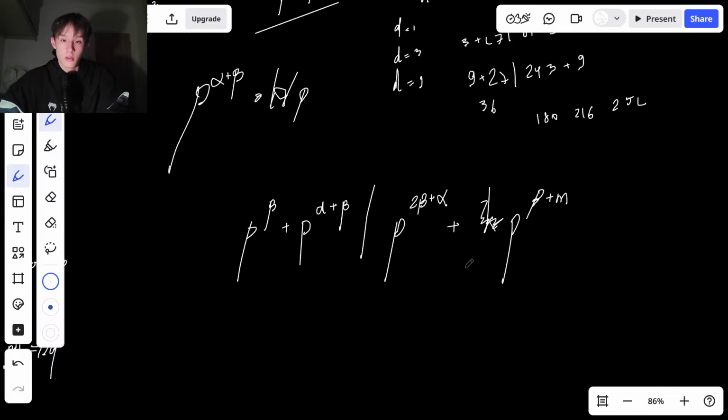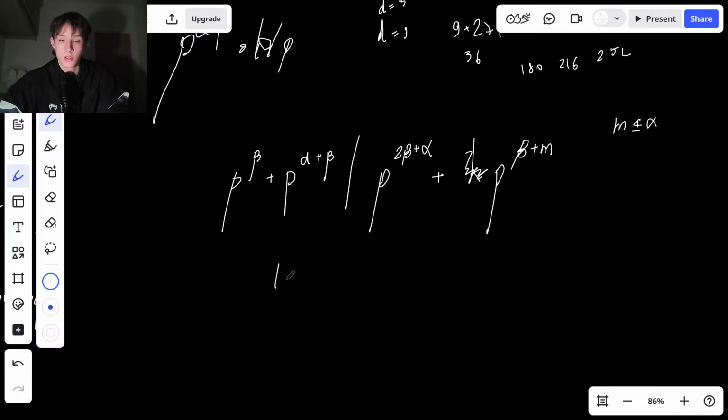We can divide by p to the power of, so m should be less than or equal to alpha. So we can divide by p to the power of beta and get 1 plus p to the power of alpha should be dividing p to the power of alpha plus p to the power of m.